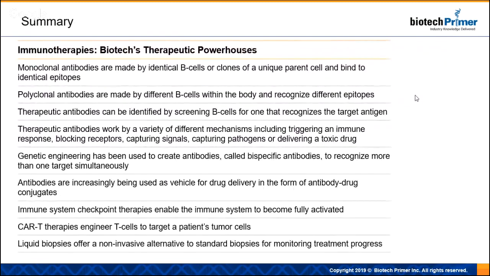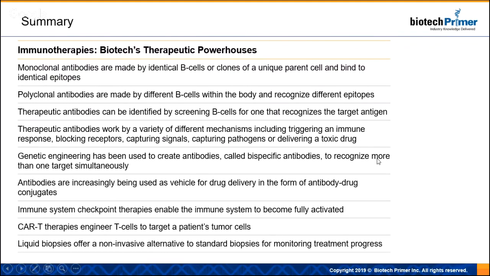So in this section, we talked about a very hot area within biotech today. We explained what a monoclonal antibody is, how those are made. We talked about the different mechanisms therapeutic antibodies work by: triggering an immune response, blocking receptors, capturing signaling molecules, capturing pathogens, and increasingly by delivering a toxic drug directly to tumor cells.